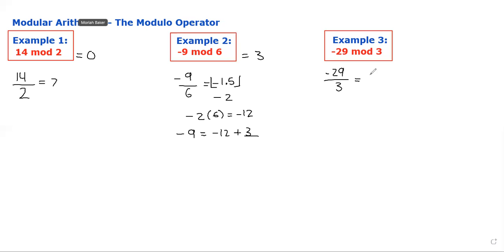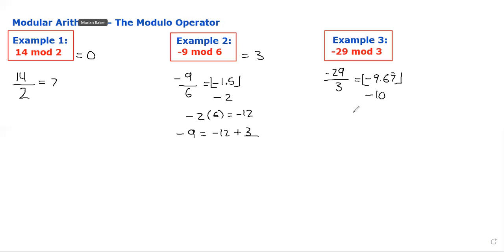So let's try -9.67. Let's round it there for now, and it would repeat. So in this case, again, we are going to take the floor of it. So the floor of -9.67 is going to get us to -10.